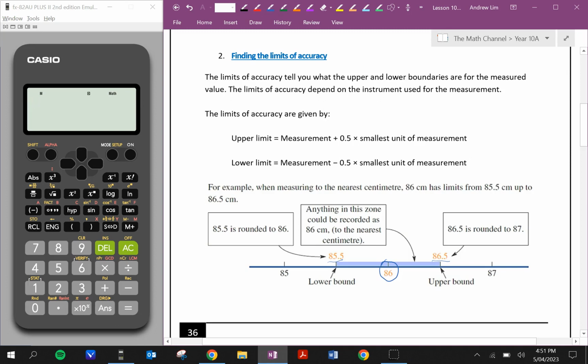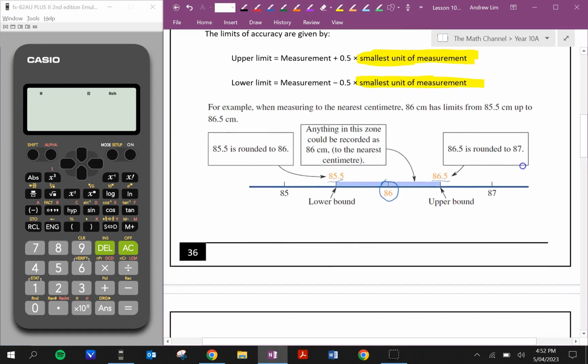Now, I prefer it if you didn't actually memorize these formulas. I prefer you to know what to do. Upper limit is equal to measurement plus half times the smallest unit of measurement. Lower limit is equal to the measurement minus half times the smallest unit of measurement. So the question is, what is the smallest unit of measurement? We'll have a look at this.